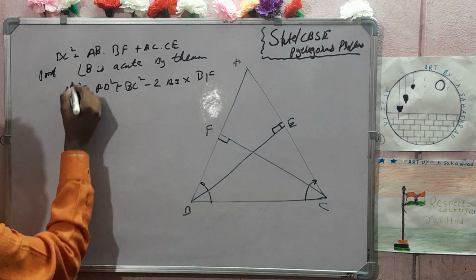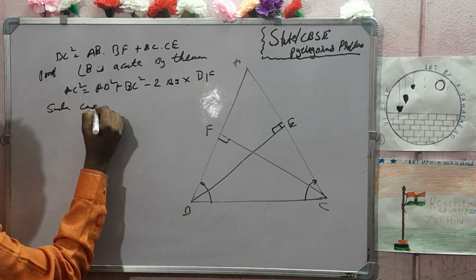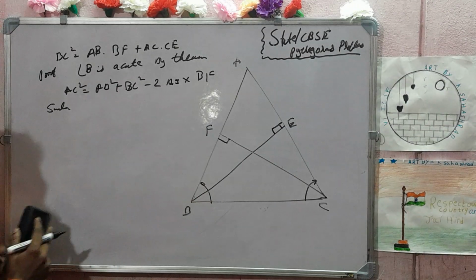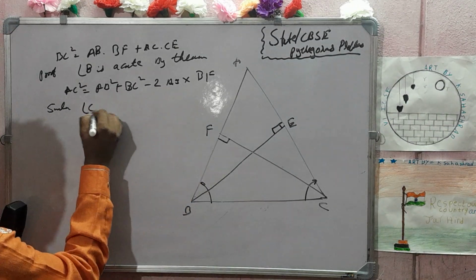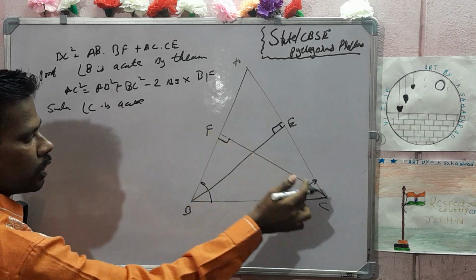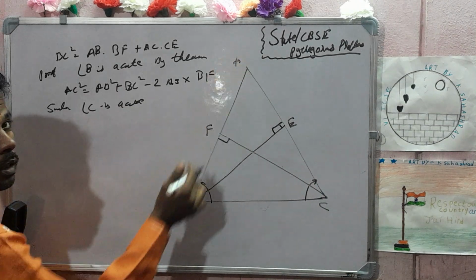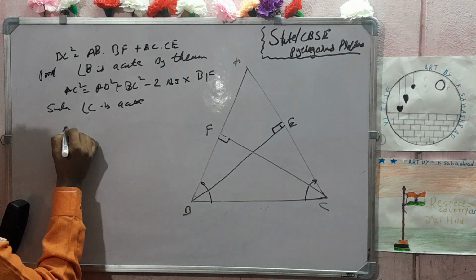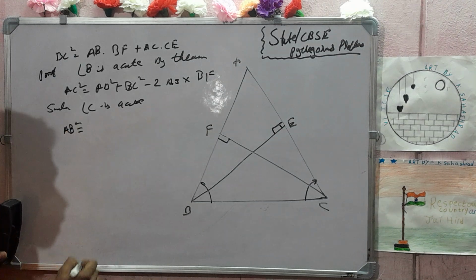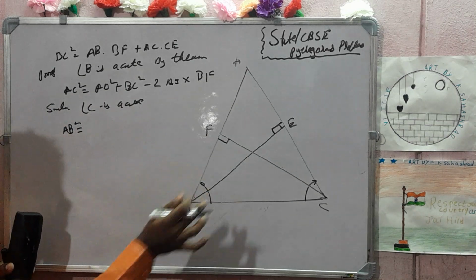Now similarly, consider angle C, which is acute. So apply that same thing. Please refer to the theorem I have done in the previous videos, then only you can understand this problem.